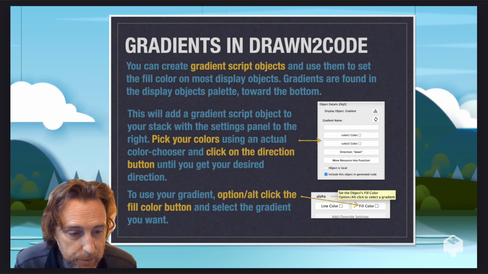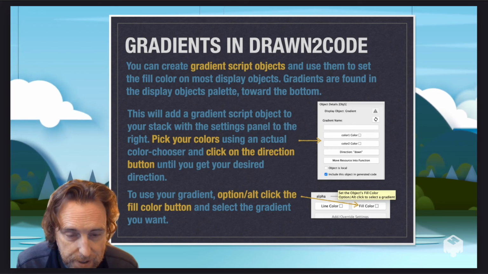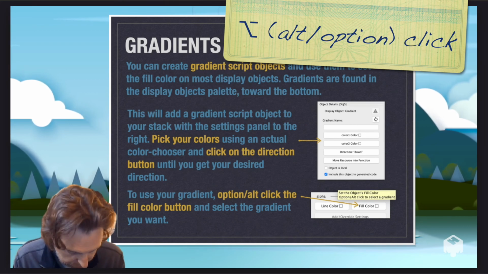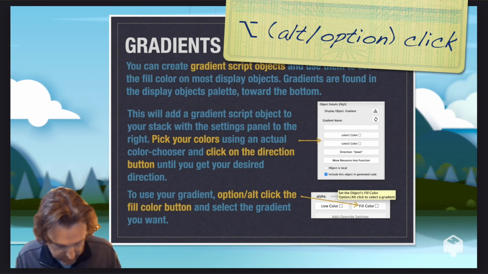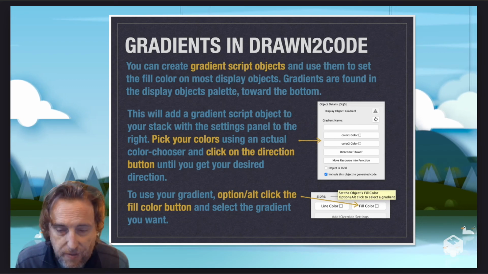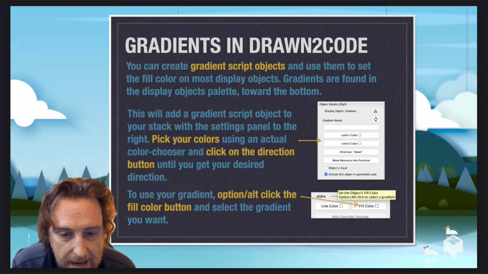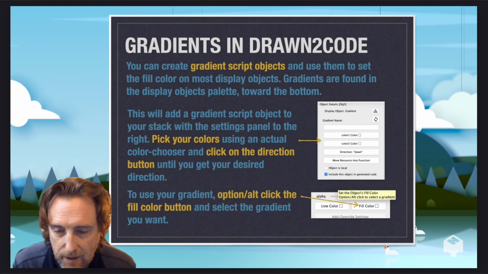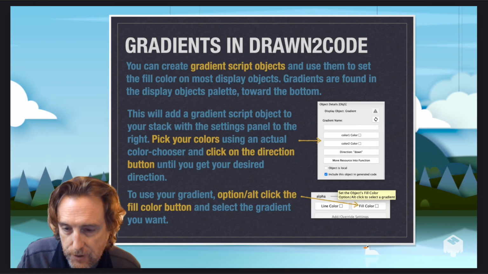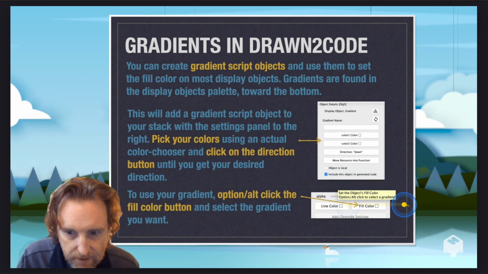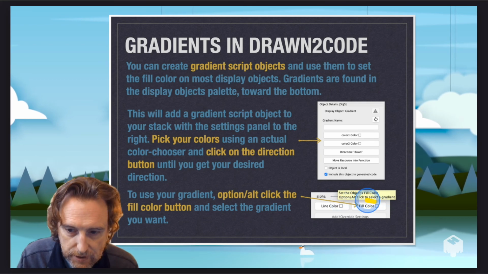So there's a fill color button, and if you press Option on a Mac, or Alt on Windows, the key that is adjacent to the space bar, and that is usually used to access alternative or optional functionality. If you hover over set fill color in Draw to Code, you'll also get this description that says Option or Alt click to select the gradient.